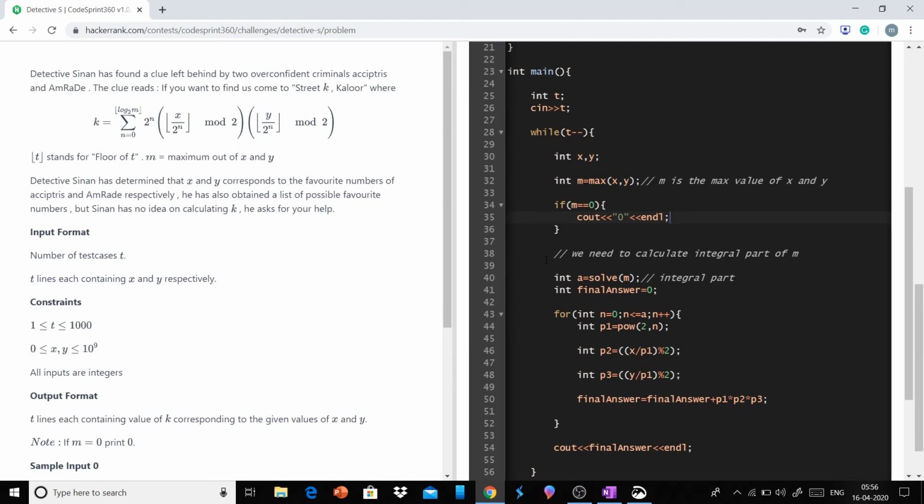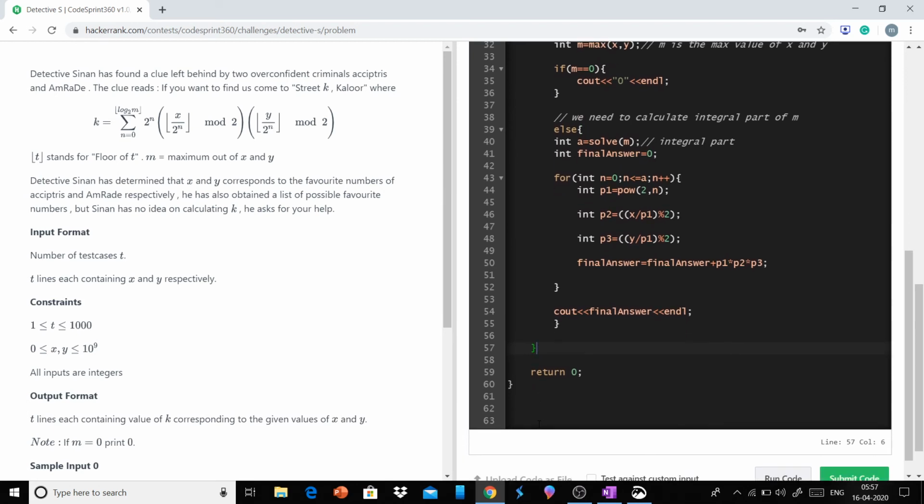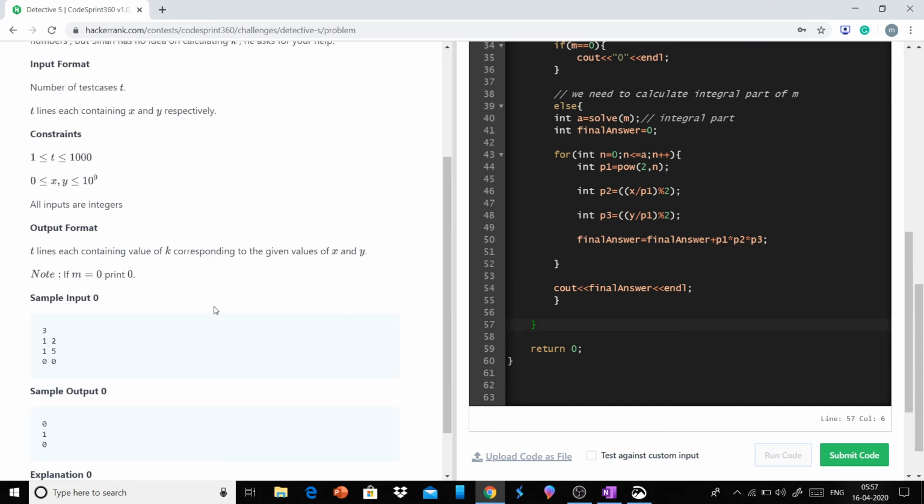And let me add else here, so this program will not run when m is equal to 0, and this program will probably stop here. This will be the condition for while. So that's all. Let me just run the code and check whether I'm getting the right output or not.